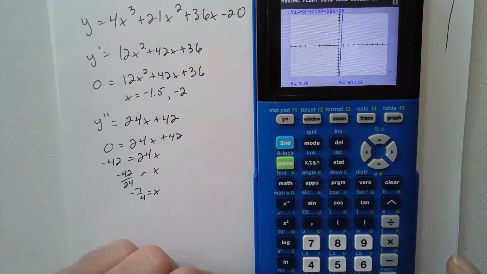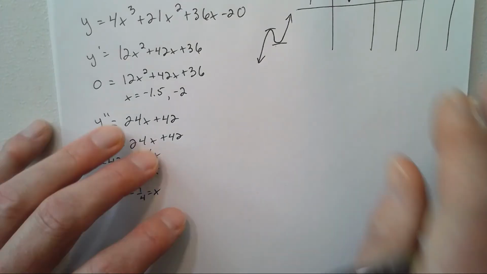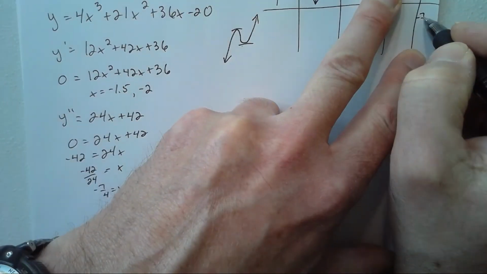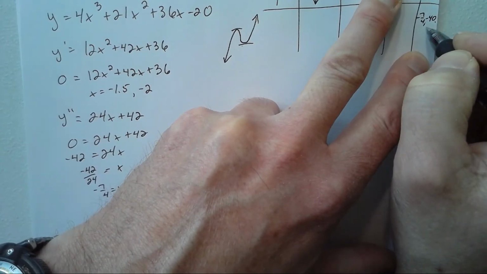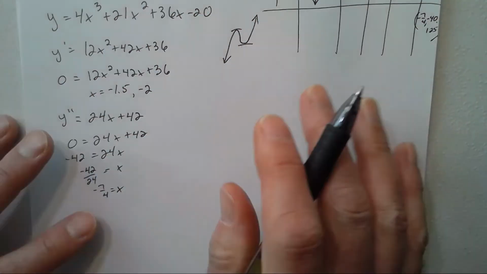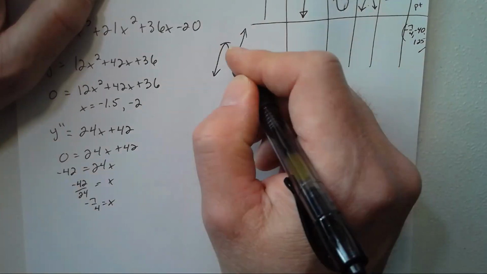Negative 40.125. Alright. So our inflection point is negative 7/4, comma, negative 40.125. Sorry. Okay, so that's going to happen like right there.